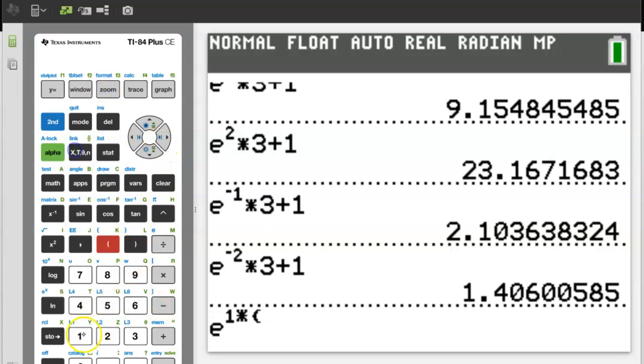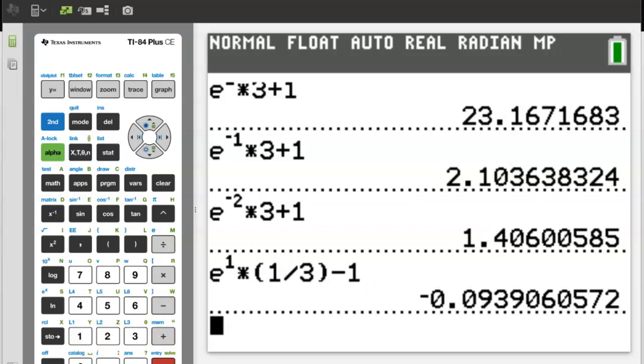I suggest doing your fractions in parentheses, and then we'll subtract 1. All right, so we get negative 0.09.